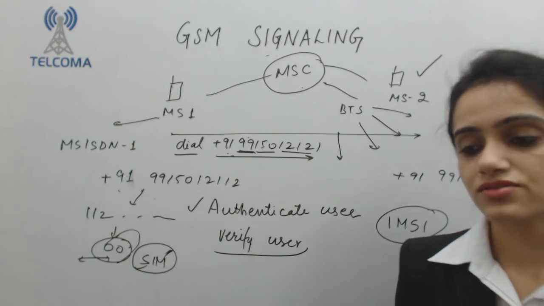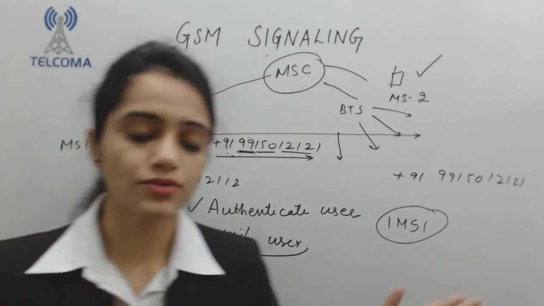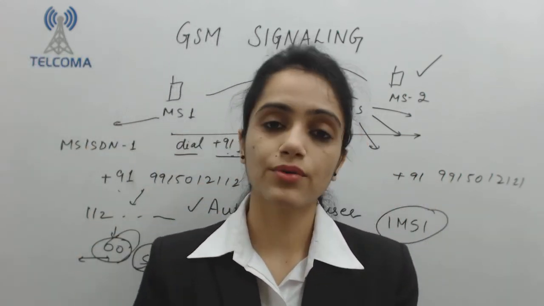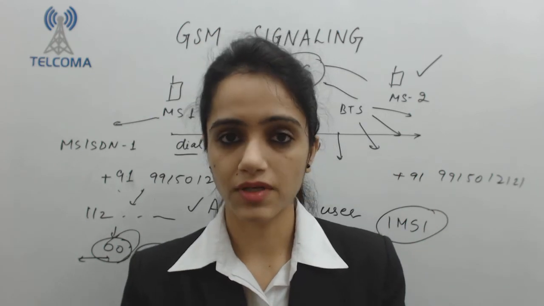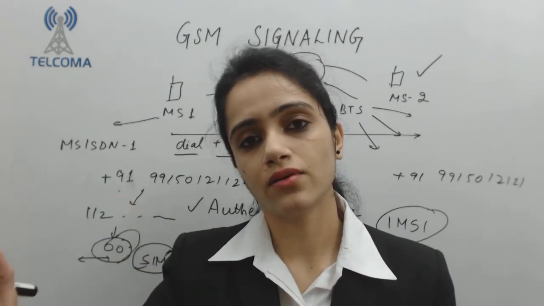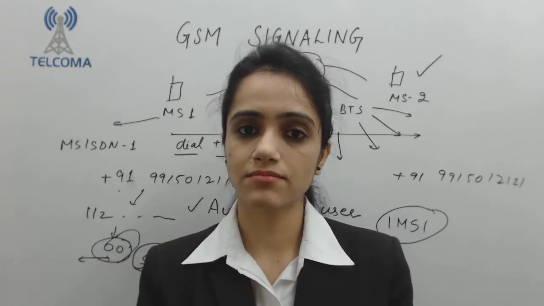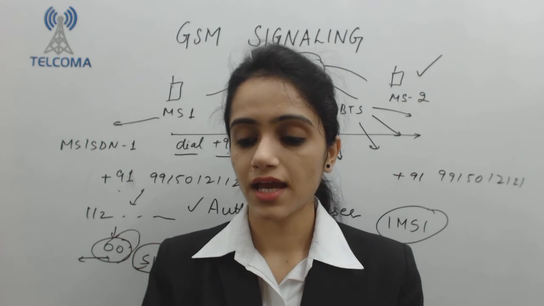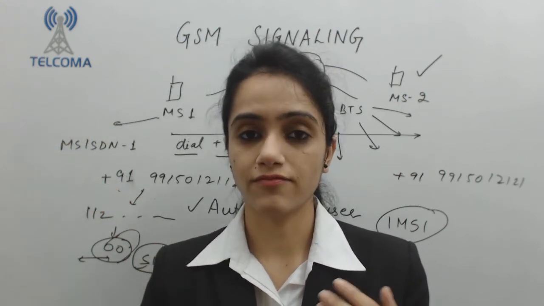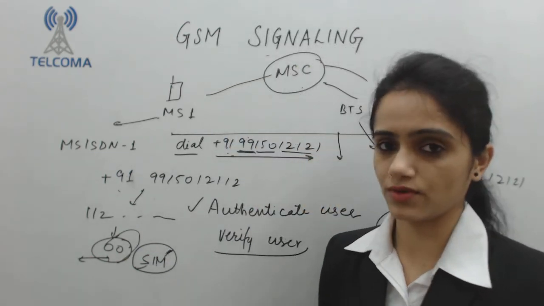So for signaling purpose, for location as well as to authenticate the user, we do not require our contact number, we require an IMSI number, and each and every location will be stored corresponding to mobile station MSISDN and corresponding to that IMSI number. Each and every piece of information will be stored in the network.